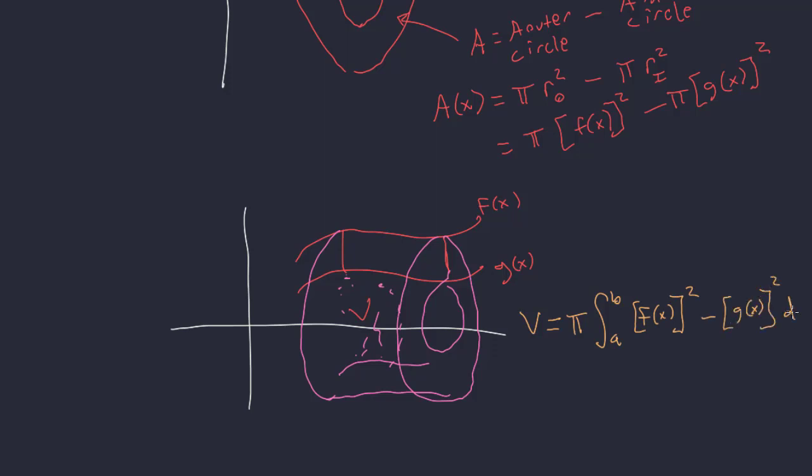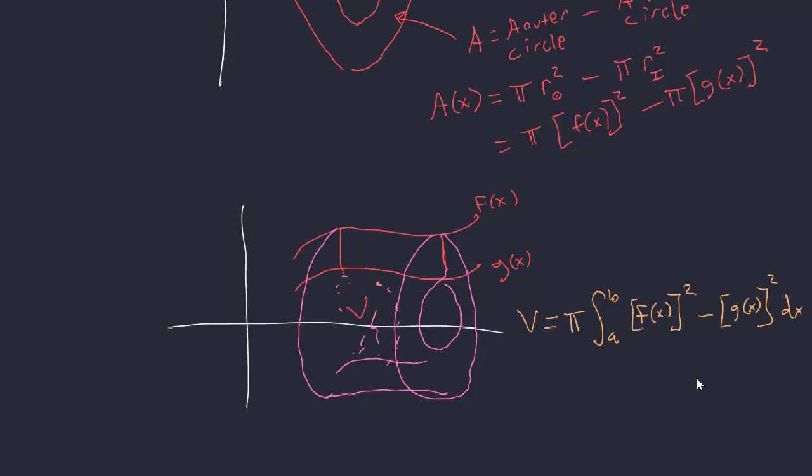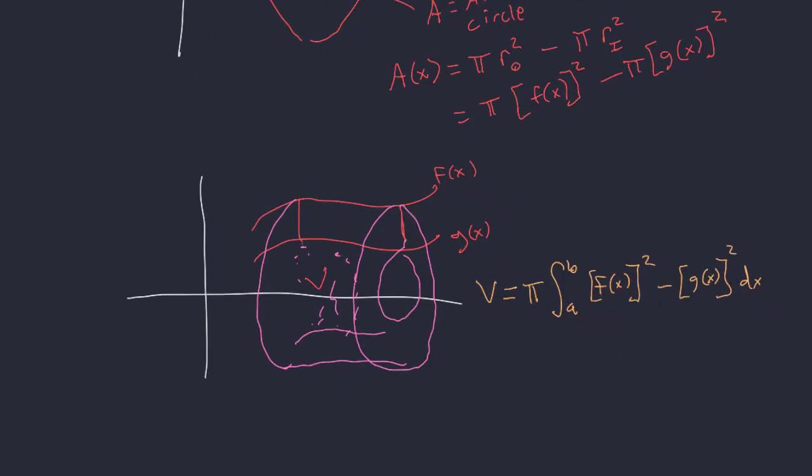Now, this may look familiar because, once again, we're taking our top curve and our bottom curve and subtracting. So this ends up being the top squared minus the bottom squared.